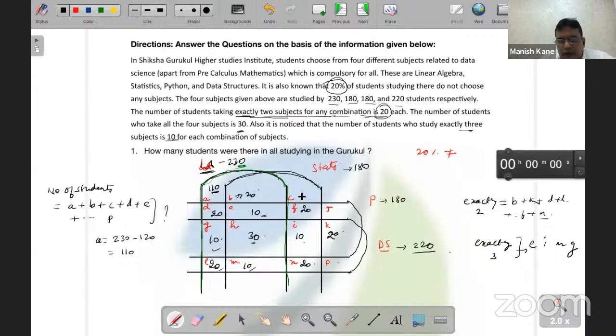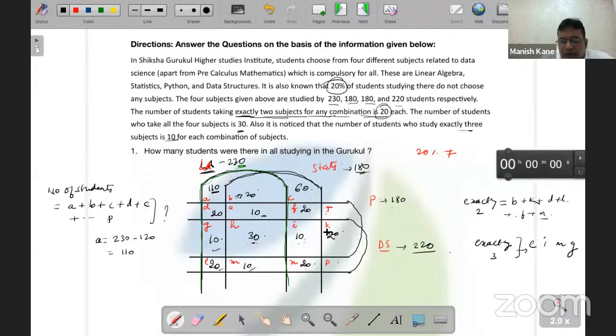Similarly, I can take out values of each of these numbers. The value of C will be 180 minus the sum of 20, 10, 30, 50, 30, 80, 10, 90, 10, 100 and 120. So 180 minus 120 will give me 60 here. Similarly, the number of students who take only Python, that is J, will be 180 minus the sum of these: 20, 10, 20, 10, 30, 10 and 20.